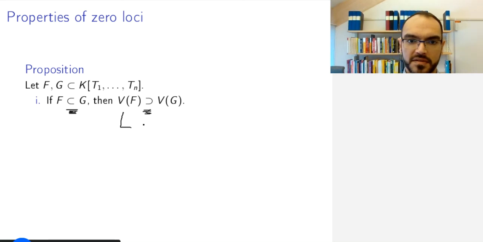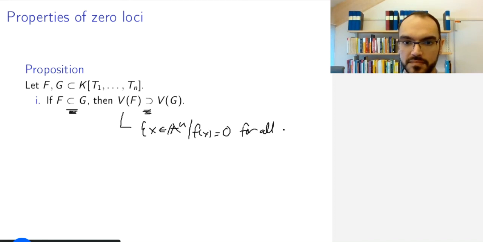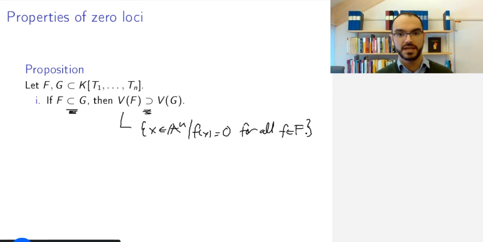This is because V of f is the set of all x in the affine space such that f of x equals 0 for all polynomials in this family f. So increasing the set of polynomials means imposing a stronger condition. More polynomials need to vanish on these points, so you get fewer points satisfying this.